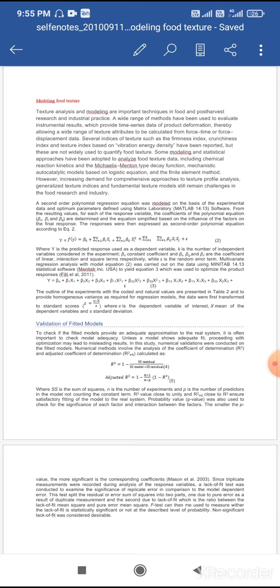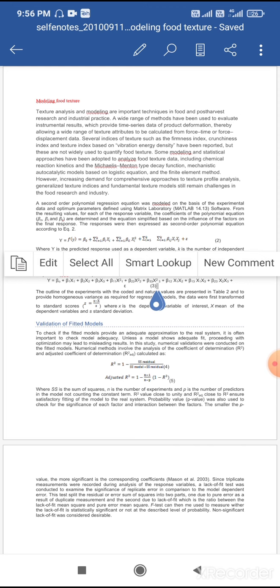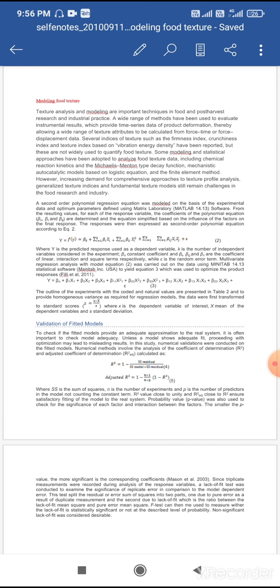Some modeling and statistical approaches have been adopted to analyze food texture data, including chemical reaction kinetics and Michaelis-Menten type decay function, mechanistic autocatalytic model based on the logistic equation, and the finite element method.